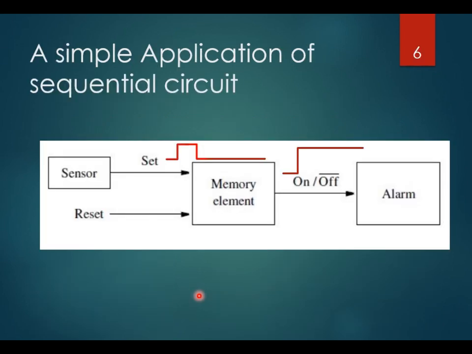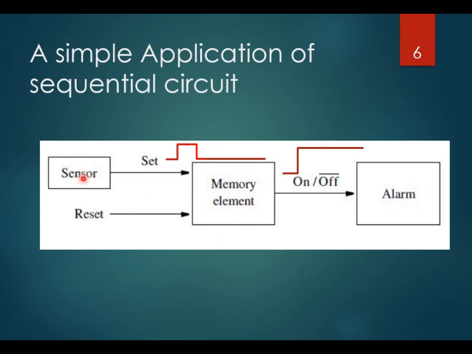This slide shows a simple example of a synchronous sequential circuit. It consists of a sensor that tries to detect some vibration, and then it also connects to an alarm. Basically, it's a security system where it detects a vibration and turns on the alarm. So how does the memory play the role in this sequential circuit?